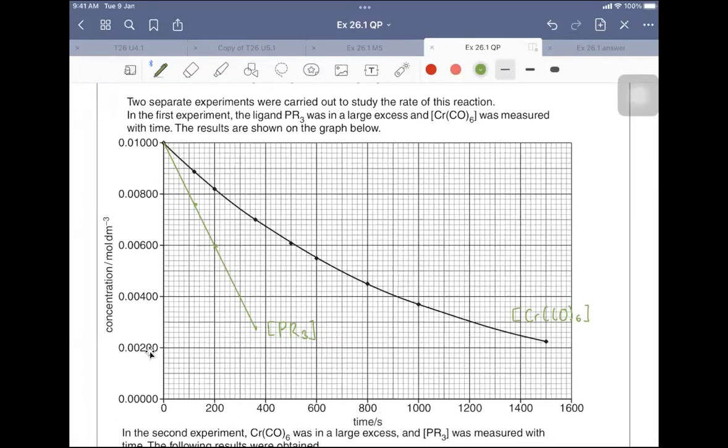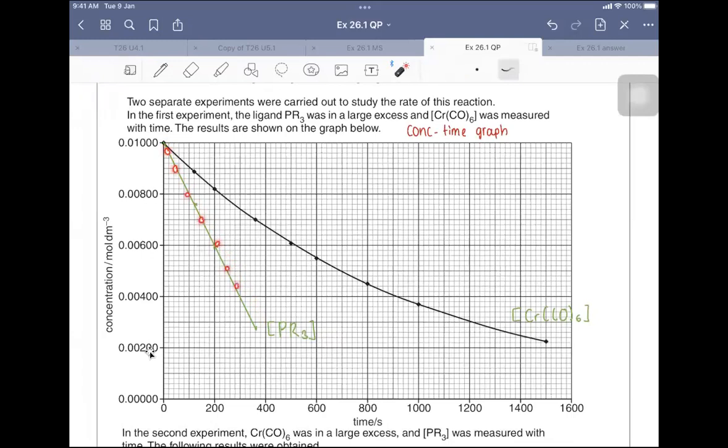If you look at your notes for a concentration time graph, your zero order would be a straight line. Okay, if it's a reactant, a straight line decreasing. This means that the gradient, the rate, is the same at different concentration.